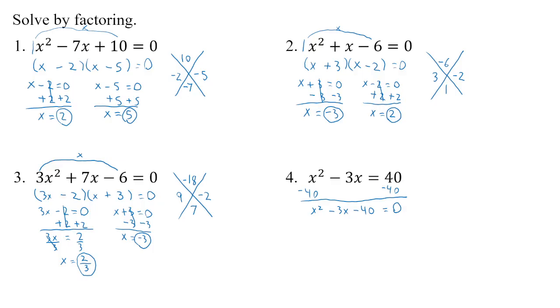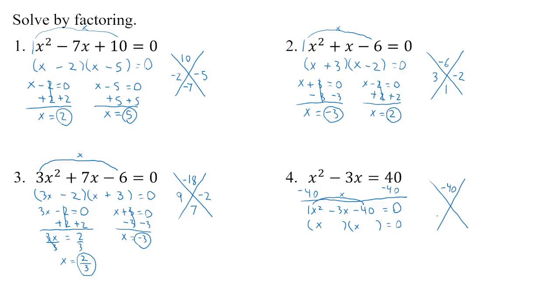So now we can factor x squared minus 3x minus 40. We know x squared is x times x. We're going to draw a big X. What goes up top is the product of the leading coefficient and your constant term. That's 1 times negative 40, which is negative 40.